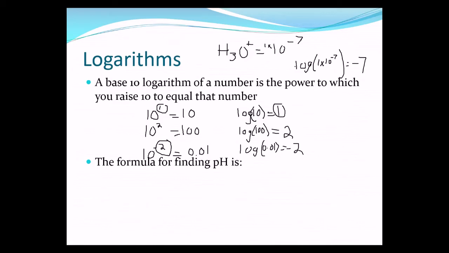But we don't want a negative answer, so if I make this negative, it becomes positive and gives me 7, because water has a pH of 7. So that's where we get this formula: to find the pH, it's negative log of H3O plus.